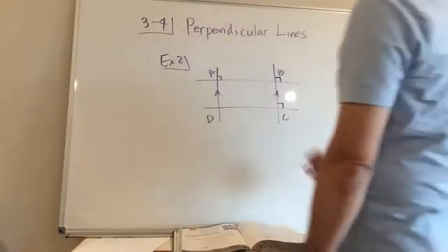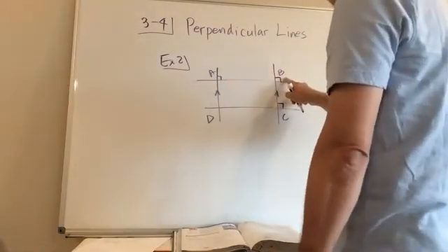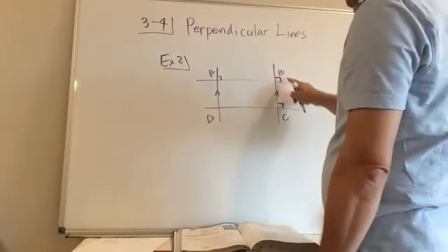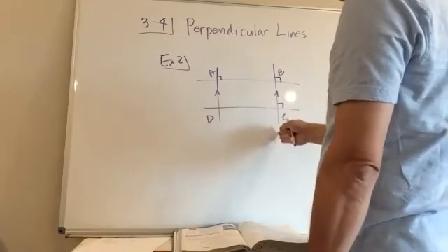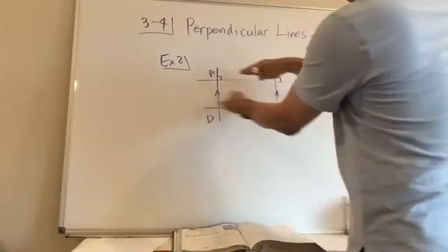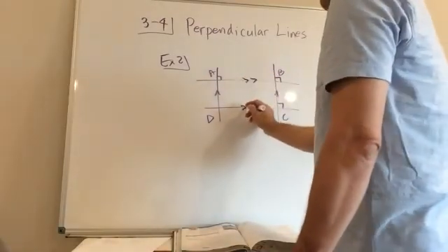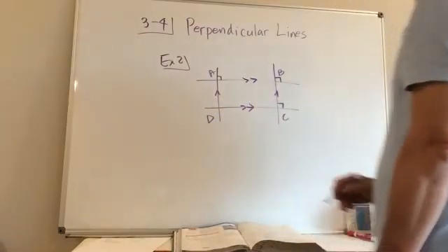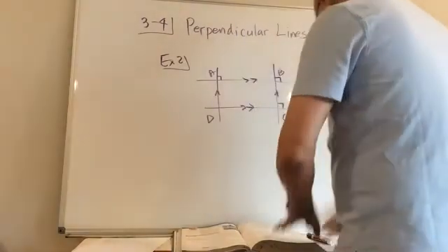So I know if this is 90 degrees, this is 90 degrees, but I also know that this guy and this guy are both 90 degrees. Therefore, this transversal is cutting two lines that both make 90 degrees. Therefore, this line and this line are parallel. Okay, so that would be the proof.